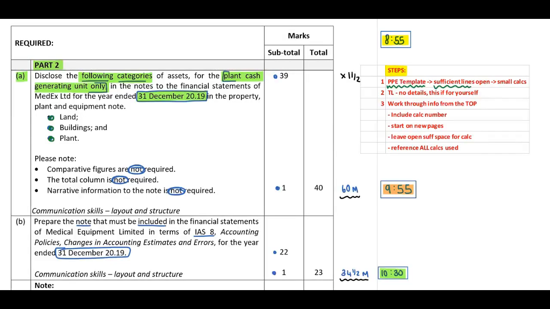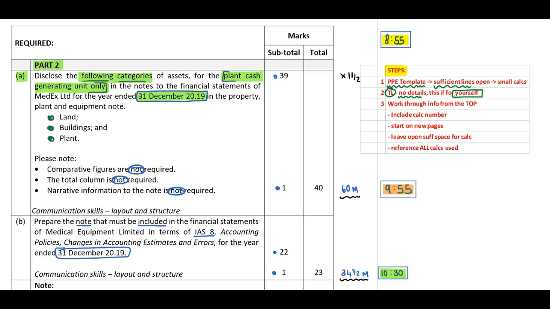Then, second step, and this can be a step throughout your workings, is to include timelines. Remember, you don't have to include details. This is for yourself. I prefer to make use of timelines. And guys, when you look at my timelines, they are skewed. They don't look that neat, but it's for my own calculations. If you're going to make use of your timelines, which replace your calculations, please do that properly for your marker to be able to follow.